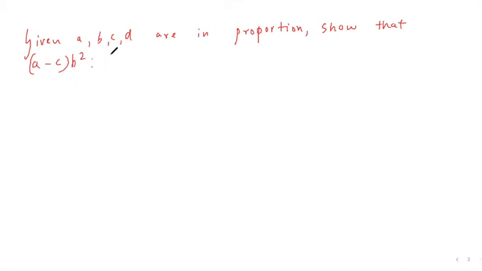Given A, B, C, D are in proportion, show that A minus C into B squared is to B minus D into CD is equal to A squared minus B squared minus AB is to C squared minus D squared minus CD.